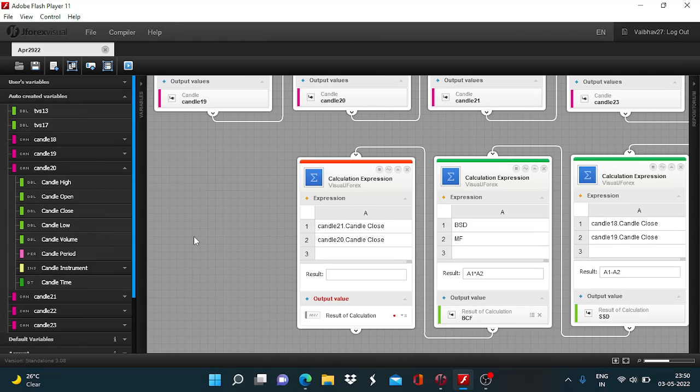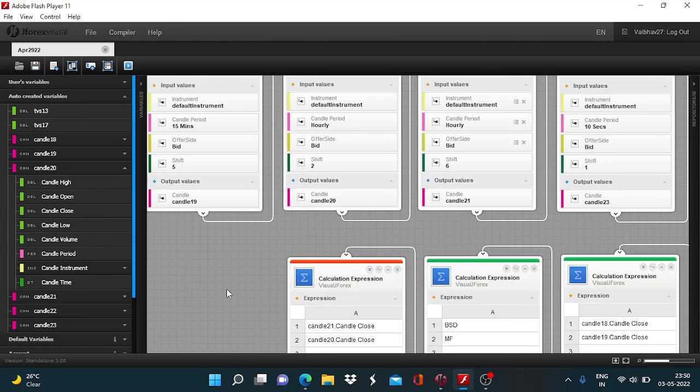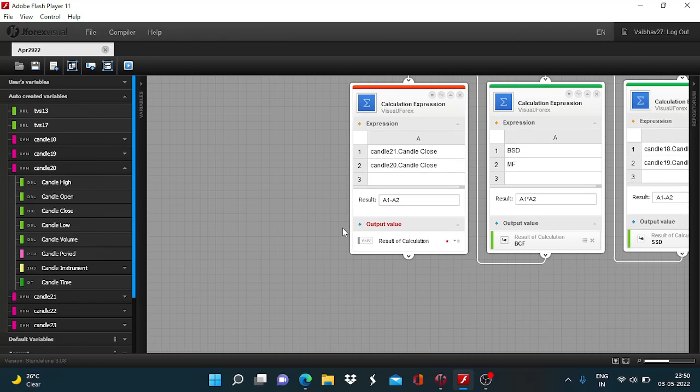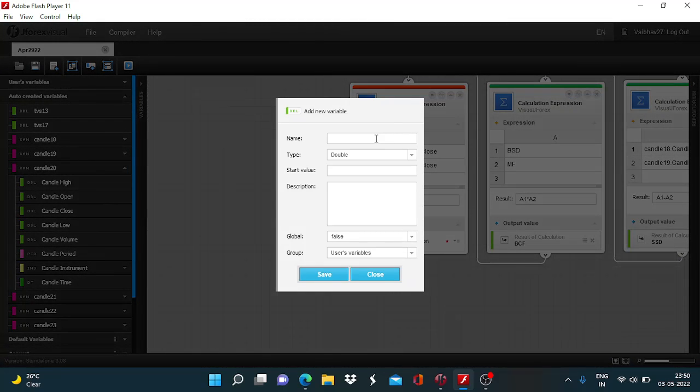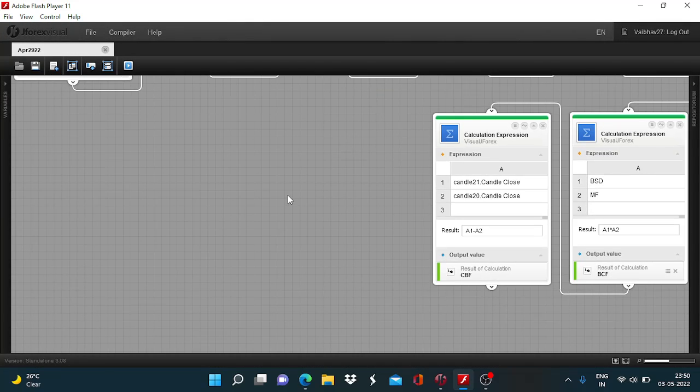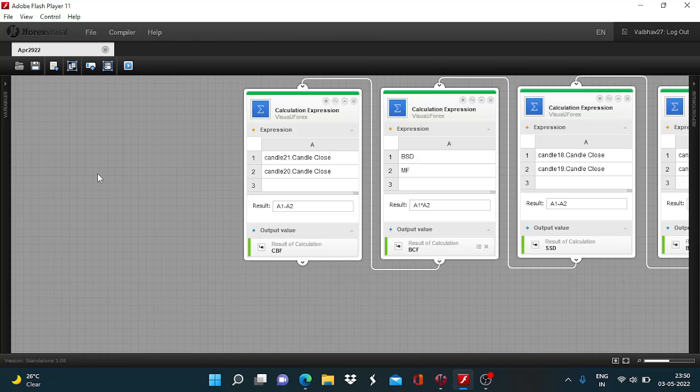Then it is going to be A1 minus A2. So I have created this new variable. All right.